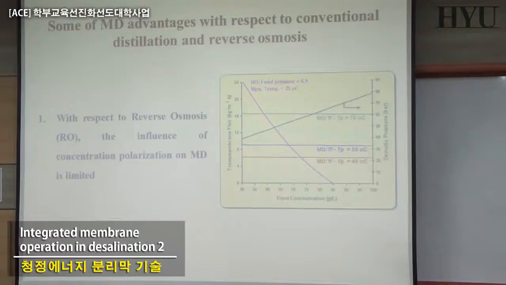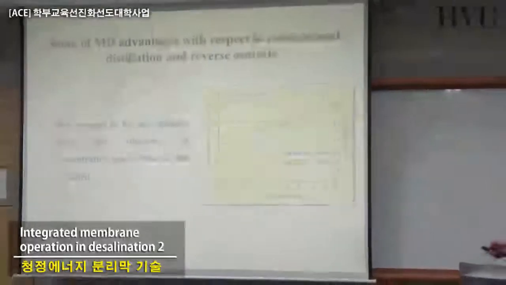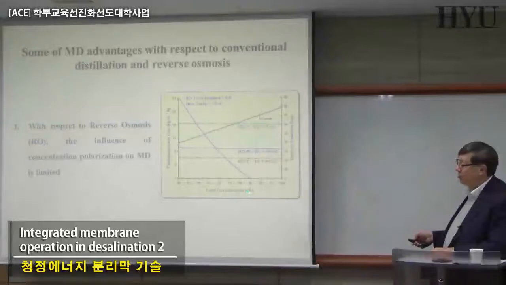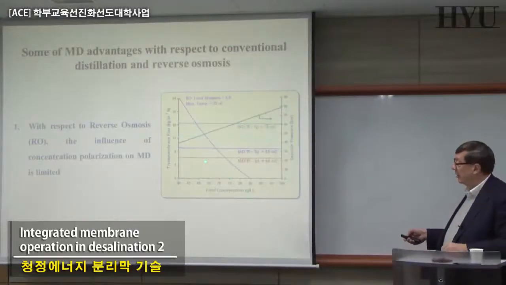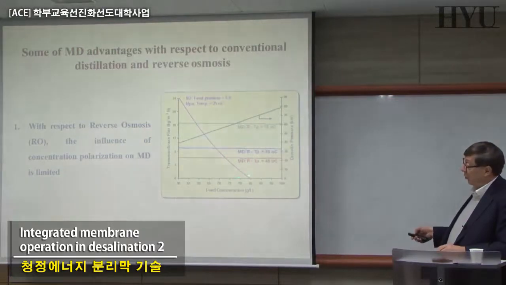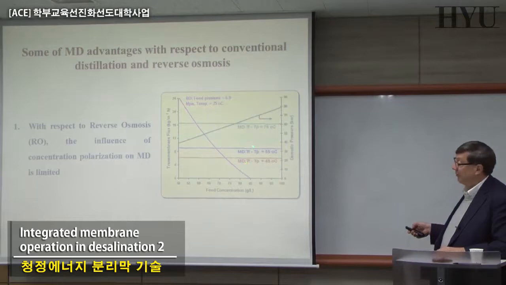But the benefit is this one, a famous plot, because you can show your arrow going down, and that is this MD. Basically, transmembrane flux as a function of the concentration of the feed is basically constant with the concentration. If you look at this, and you are a smart chemical engineer or good chemist, you have an idea now.